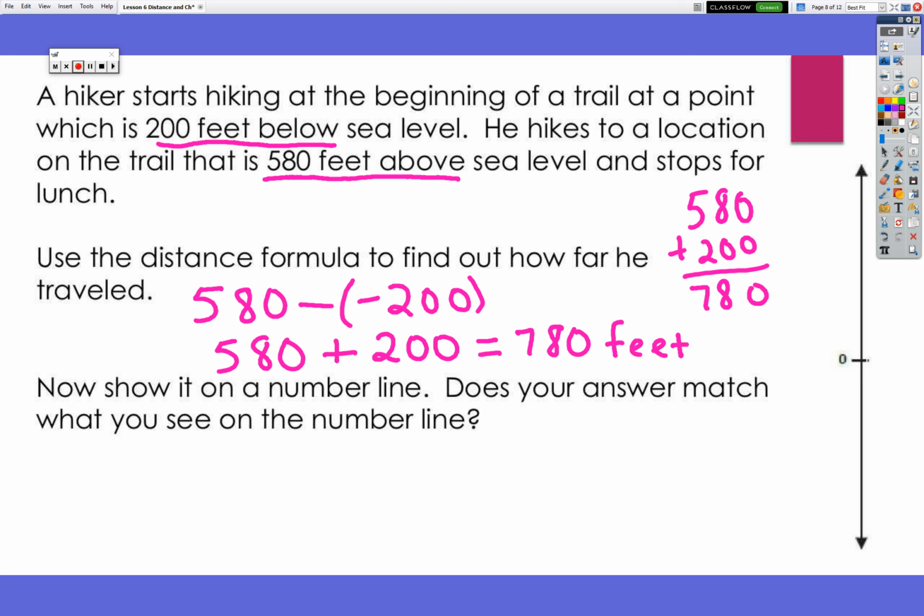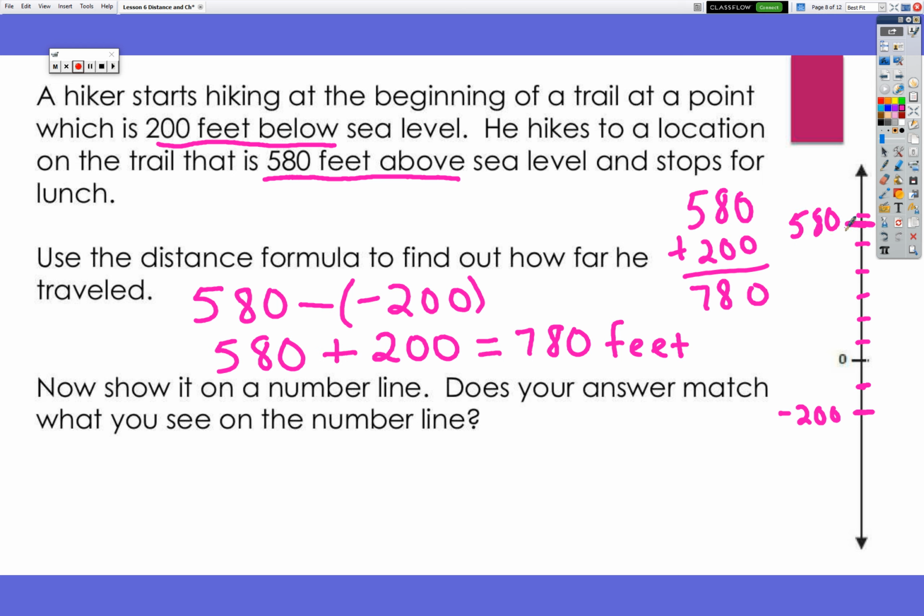Now show it on a number line. Number line is a good way to check to make sure that you did the problem correctly. So I'm going to say my hiker starts at this point. I'll put it here, negative 200. So let's put another dash there. That'll be negative 100. And then we'll go 100, 200, 300, 400, 500, 600. So 580 is going to be somewhere in between 500 and 600, but closer to the 600. So that'll be this line. This will be 580.